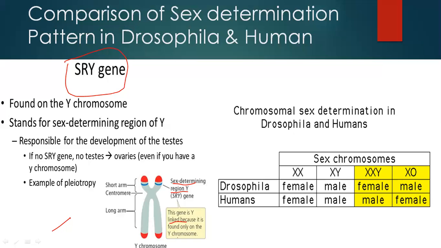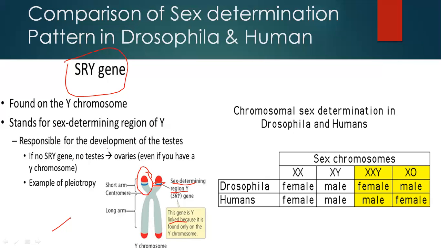So it is found only on the Y chromosome, this blue line, that is the gene. It is present on the short arm of the chromosome, and that stands for the sex determining region Y. So that is responsible for the development of testes.